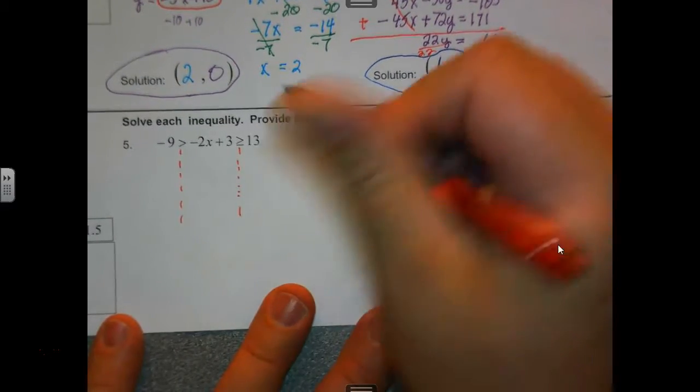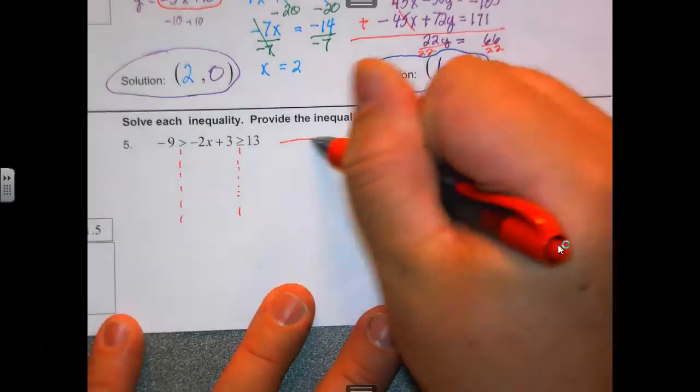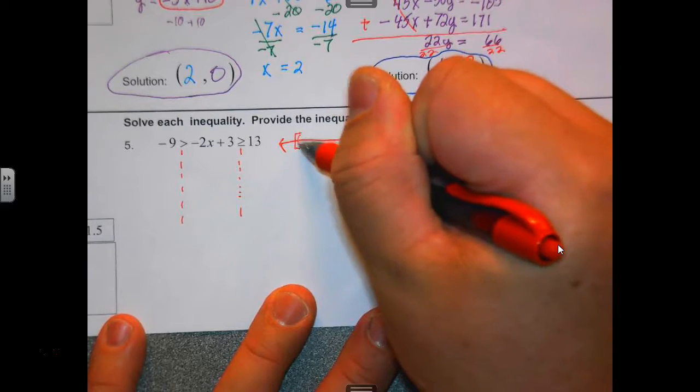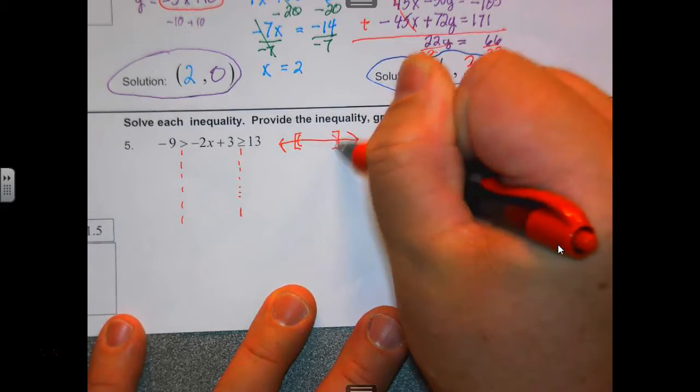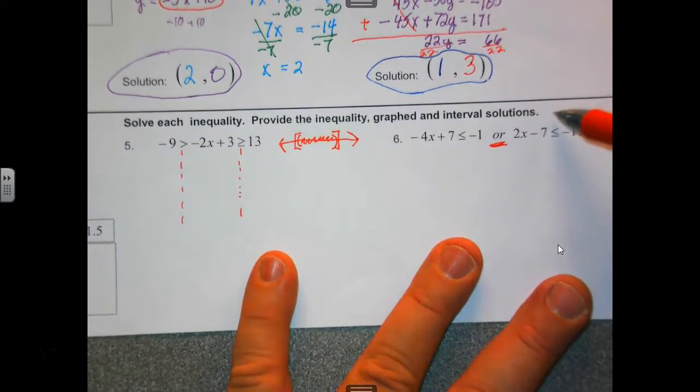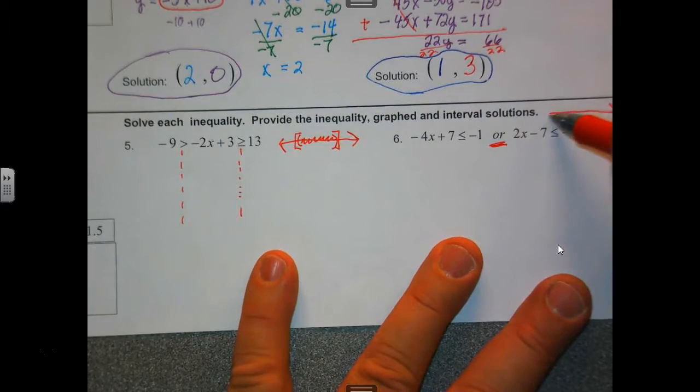So an and problem is going to look like what? Bracket or parenthesis, and it's going to be shaded in between. An or problem is going to be a bracket or parenthesis, shaded to infinity and negative infinity. Okay?